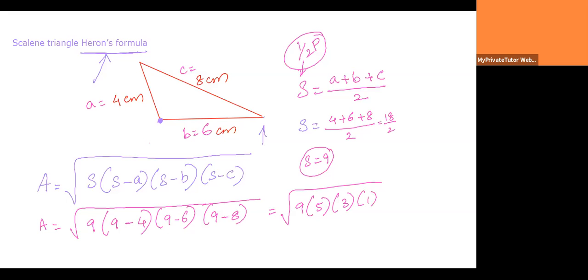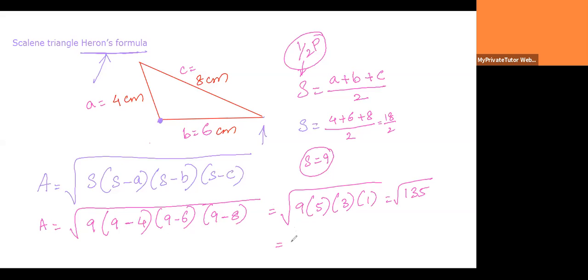Just multiply all these things, guys. 9 5s are 45. 45 3s are 135, isn't it? Yeah. So square root of 135. So what is the area of this scalene triangle? Square root of 135 centimeters square.